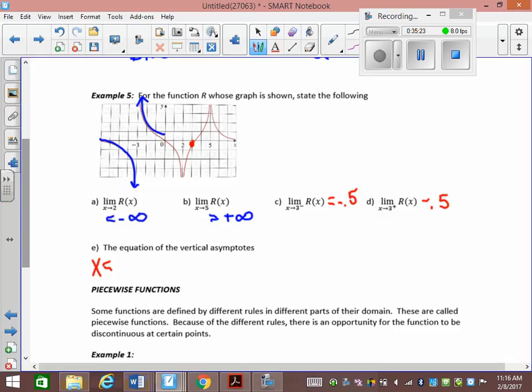Negative 3, 2, and 5. It's just the y value at 3. If I follow the y value down at 3, it's negative 0.5. That's all. If you did negative 0.4, I couldn't really ding you on it, kind of thing.